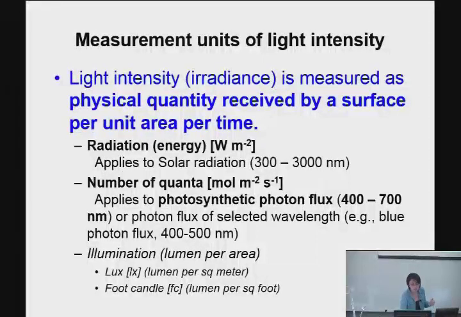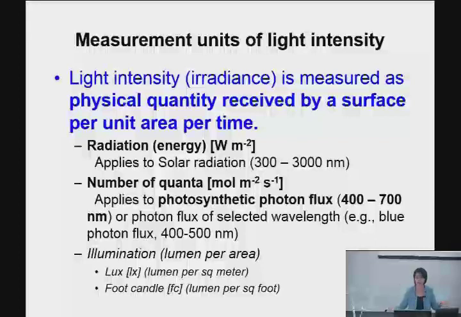And if you specify a range of wavelengths, a waveband, from wavelength A to wavelength B, as the photosynthetic wavelengths, we call it photosynthetically active radiation.